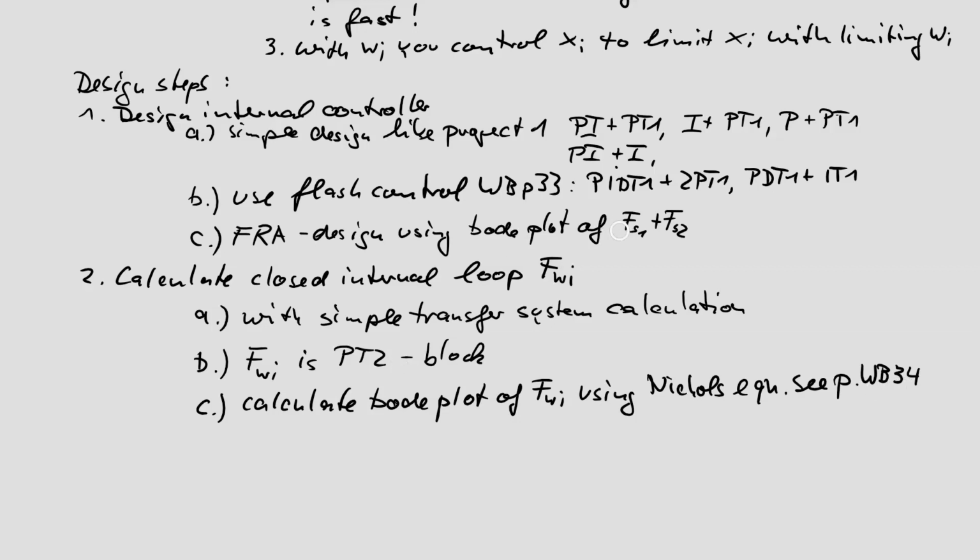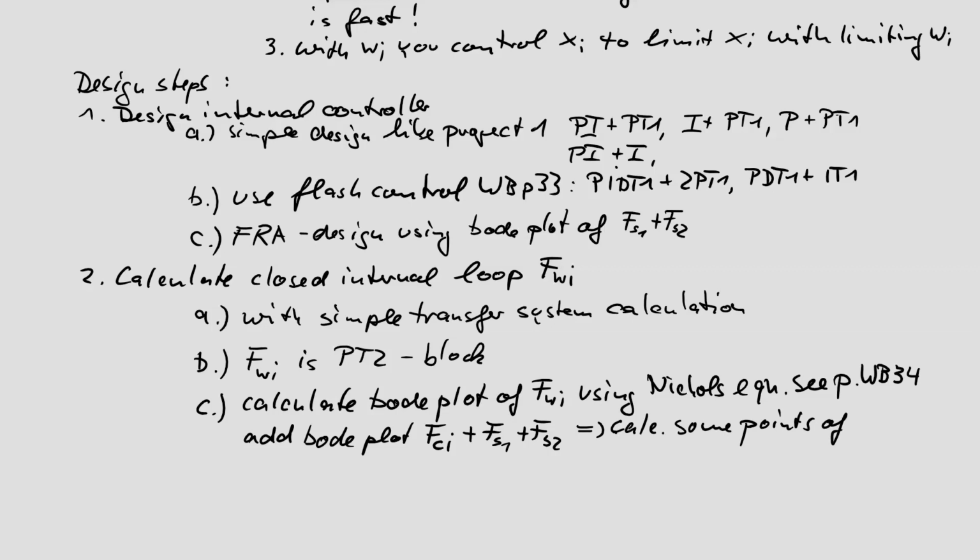So you know the open loop Bode plot. You have to add Bode plot internal F controller I to your process fs1 plus fs2, and then calculate some points of FWE.